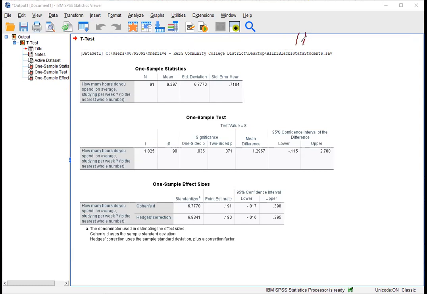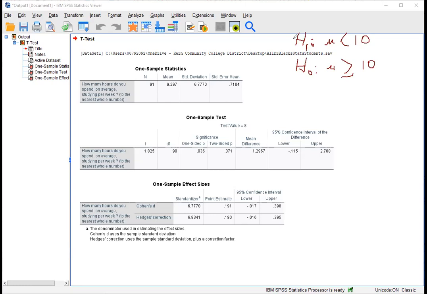Our alternative hypothesis is mu is less than 10. It's a directional hypothesis. Our null hypothesis is that mu is greater than or equal to 10.